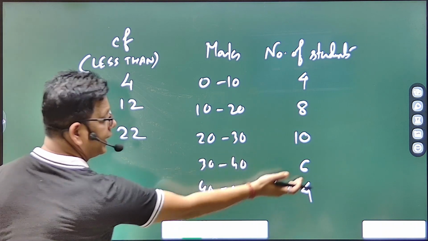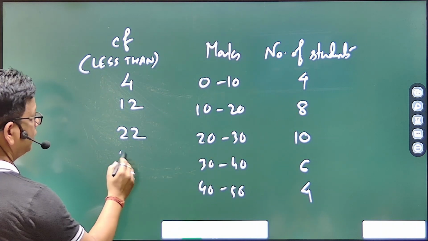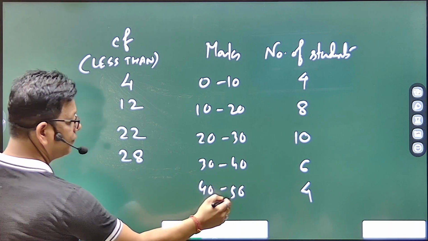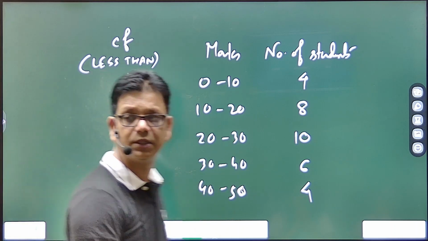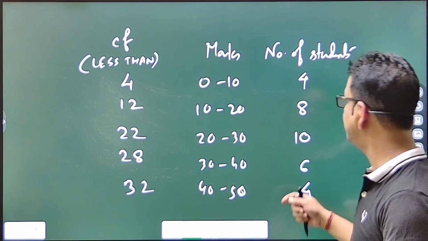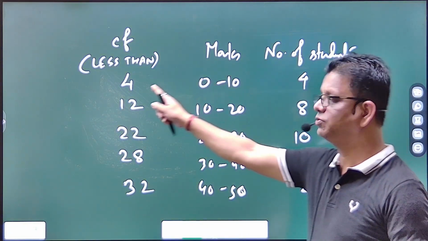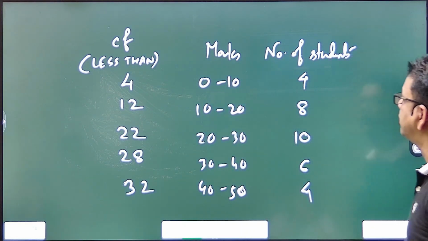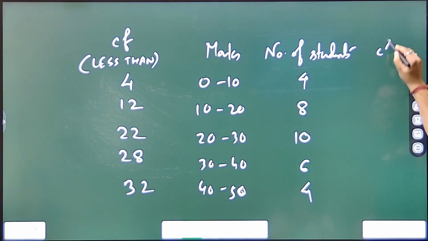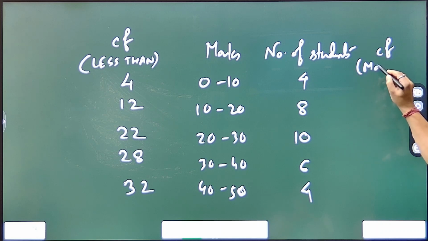So what to do? Add all these numbers, so it will be 28. Less than 50 is 32. What could you understand? So in the less than type, it is the same thing. What do we do? First one we write as it is, then we keep on adding diagonally. Yes or no? But now if I say CF more than type, the bit confusing one is this, more than type.